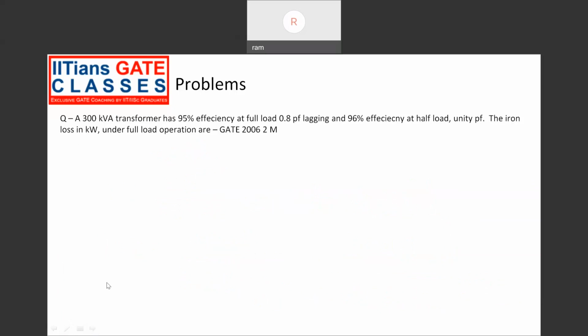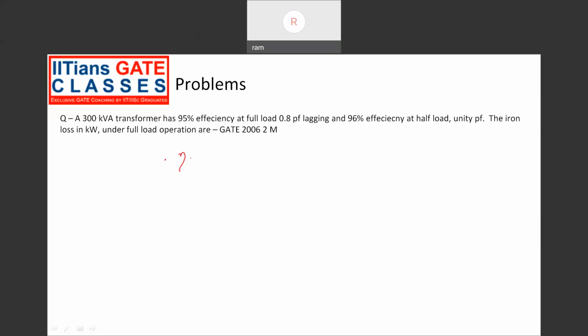The next one is a GATE 2006 2 marks question. A 300 kVA transformer has 95 percent efficiency at full load 0.8 power factor lagging, and 96 percent efficiency at half load unity power factor. They're asking us to find the iron losses in kilowatt under full load operation.